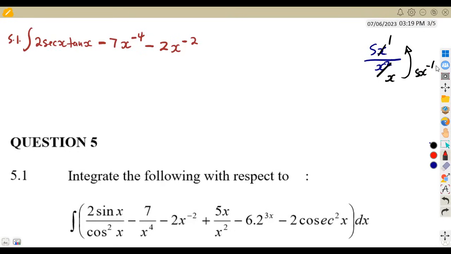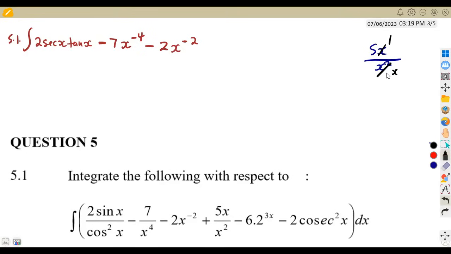Because if we add 1, this is going to give us a 0. We remain with 5x to the exponent of 0 over. Remember, I said whatever you get, you divide it back by that. The moment we divide by 0, this one no longer exists because it's approaching infinity. So our denominator is not supposed to be a 0, meaning we can't integrate this one as an exponent of -1.